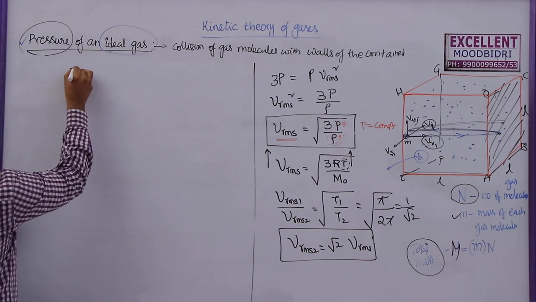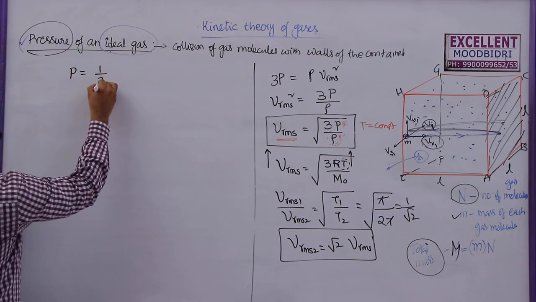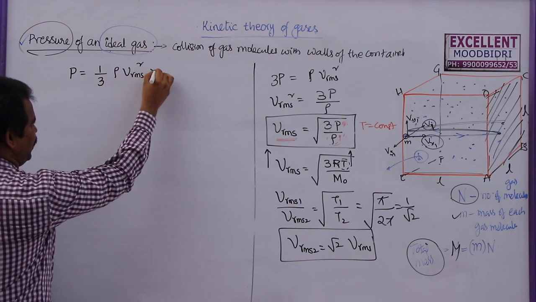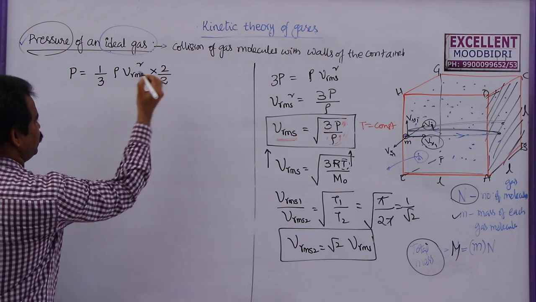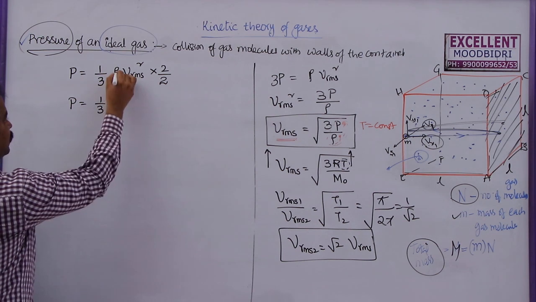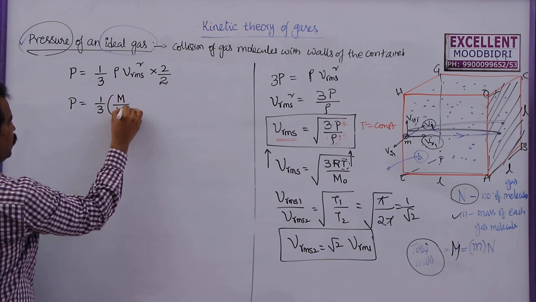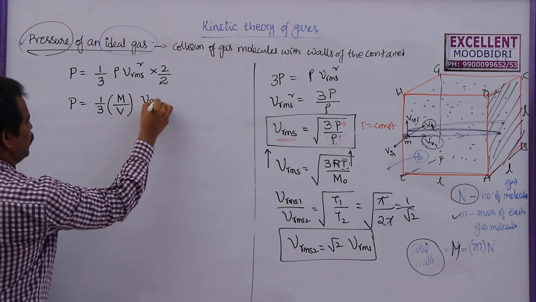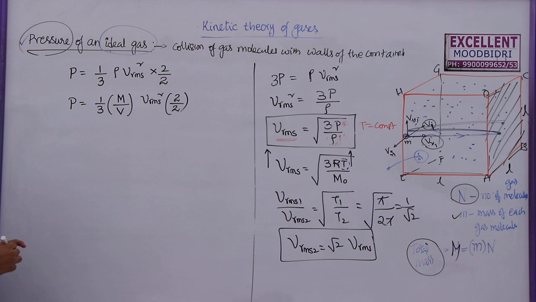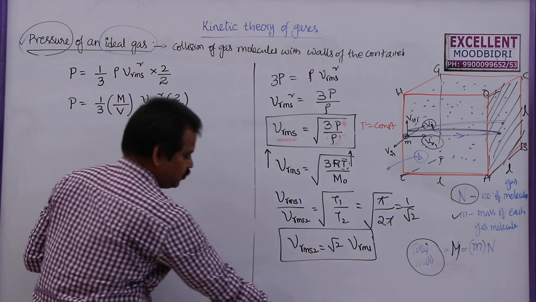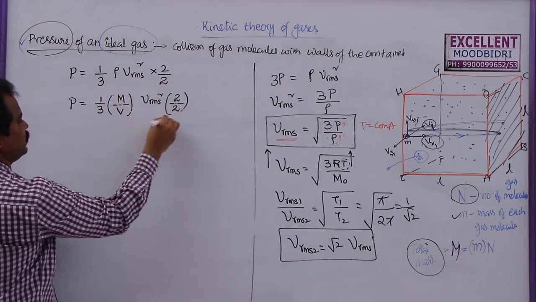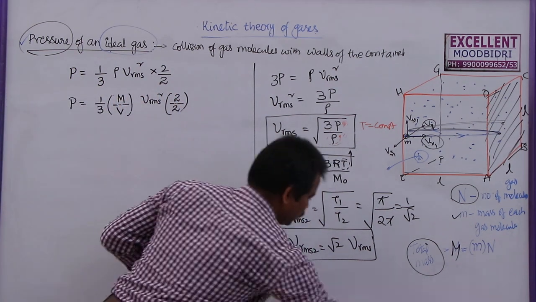Pressure of an ideal gas is given by P is equal to 1/3 rho VRMS square. Now, if you multiply this with 2 and divide with 2, you will get a pressure equal to 1 by 3, with density equal to total mass by total volume of the gas, VRMS square, 2 by 2. You can see this one. The kinetic energy of the gas molecules is given by half mv square.